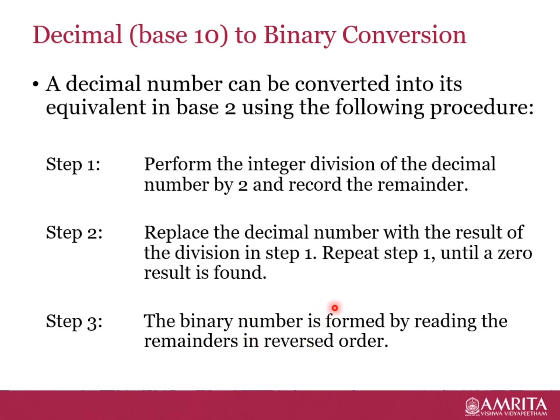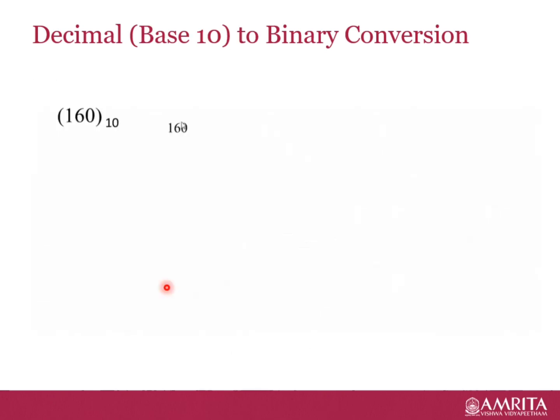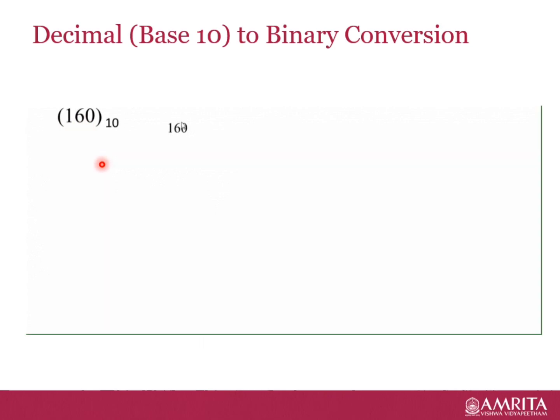The entire procedure will be much simpler if I explain it with the help of an example. So now we can see an example where the integer number 160 is being converted to its binary. Here, the number 160 to the base 10, which is the decimal 160, has to be converted to binary.